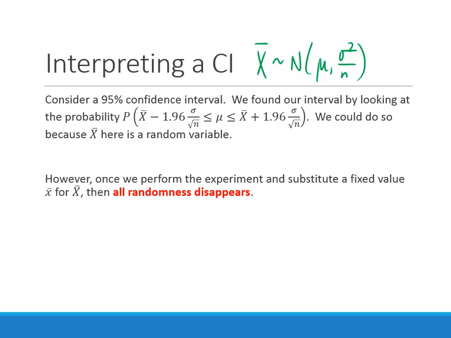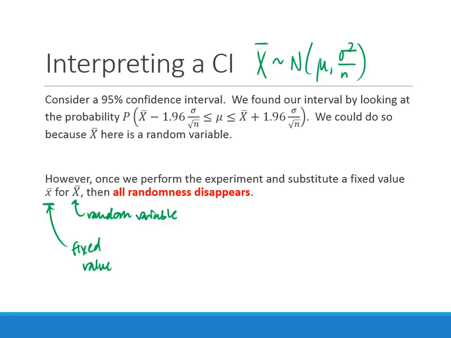Okay, so that's, again, this is all still kind of before we do the experiment, but then after I do the experiment, if I actually collect some data and find the sample mean, so once I substitute a fixed value, again, we'll use this lowercase x bar. So this is a fixed value. This is a random variable. Then all randomness disappears.